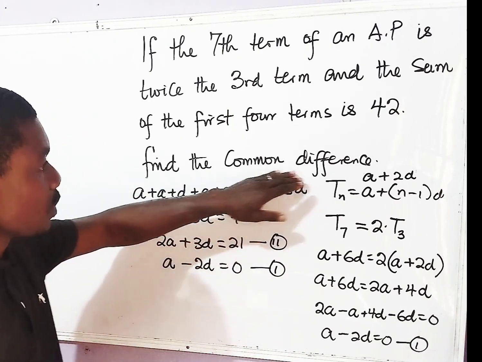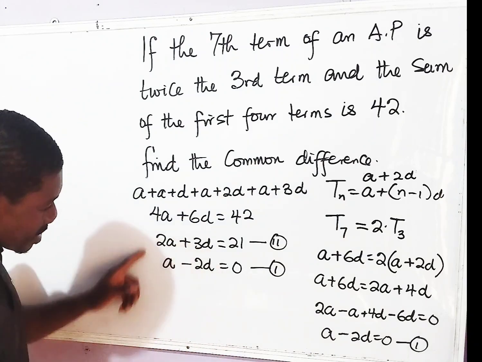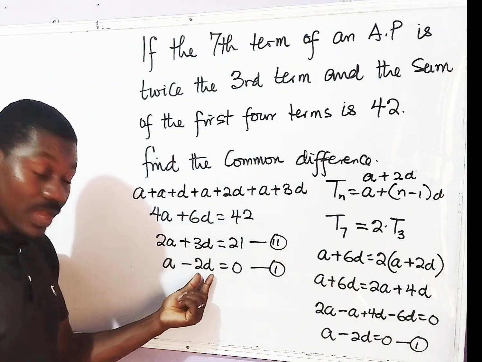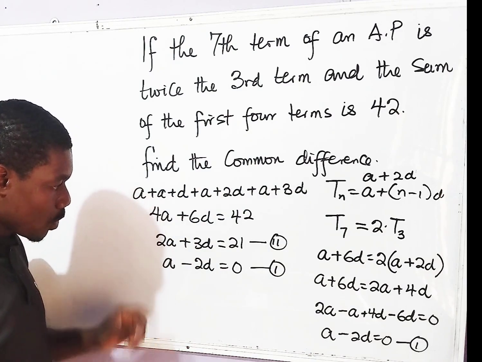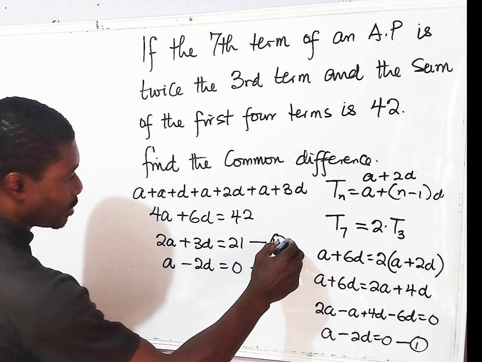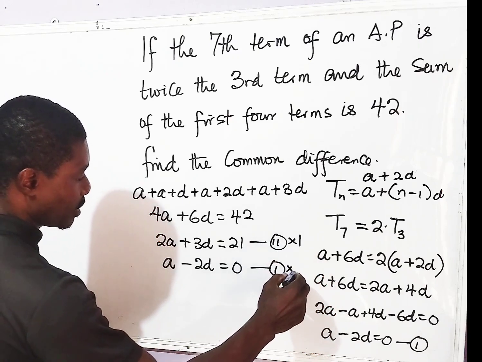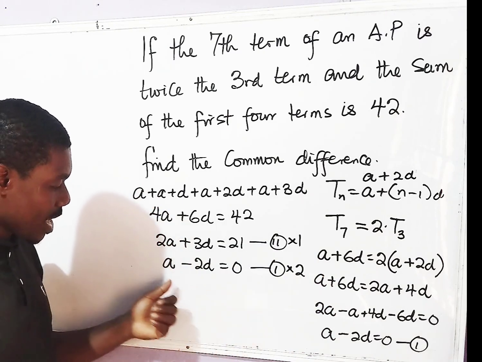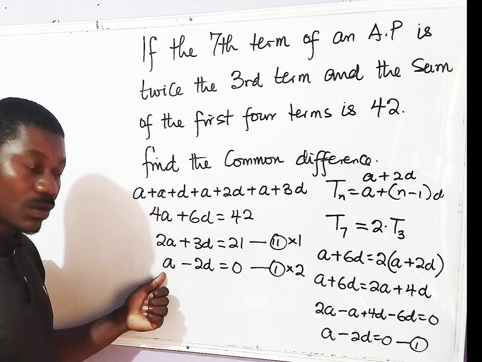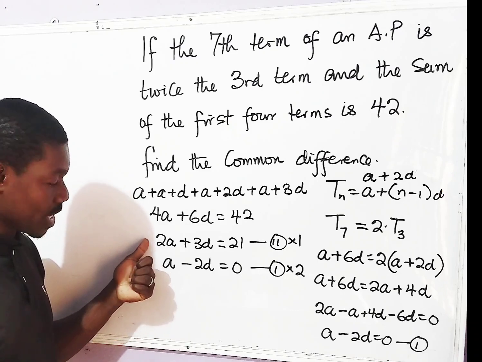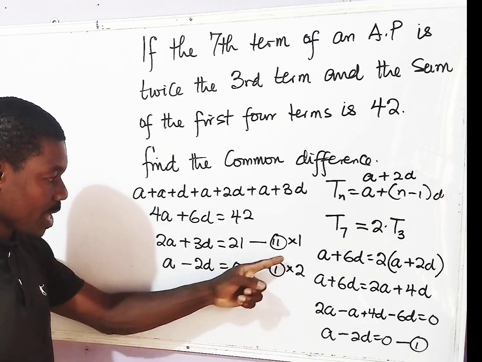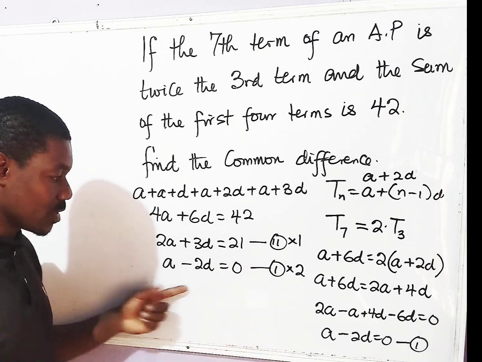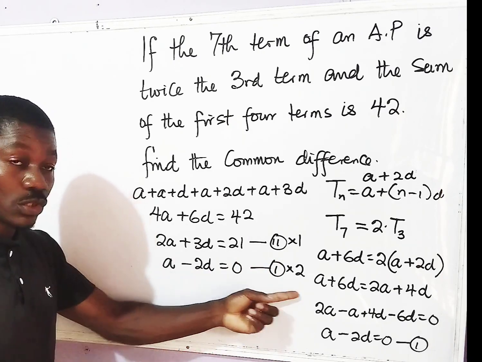Since the question tells us to find the common difference, to find d here, I want to multiply this by 1 and multiply this by 2. Why am I doing this? I want to ensure that I have the same coefficient as the second equation here. So I multiply the whole of equation 1 by 2.